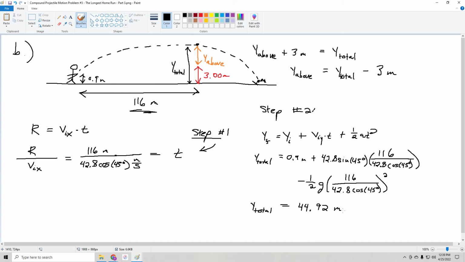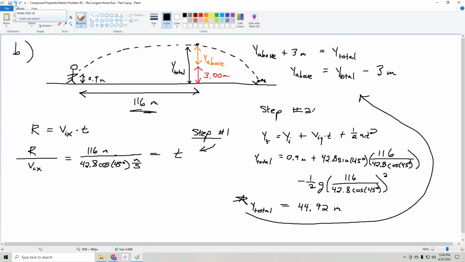Now, we're not done yet. Very important. We need to go back to the beginning and plug this into the expression and basically subtract 3 meters, because we want to find out how far above the fence is the ball, not how high is the ball, right? We need to be very careful about what they're asking.